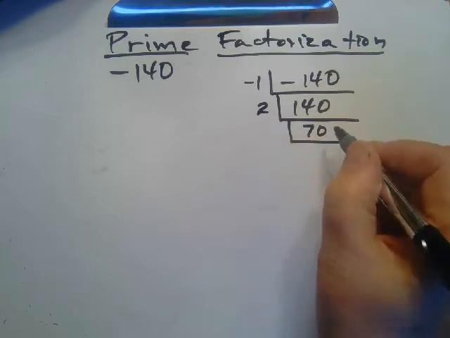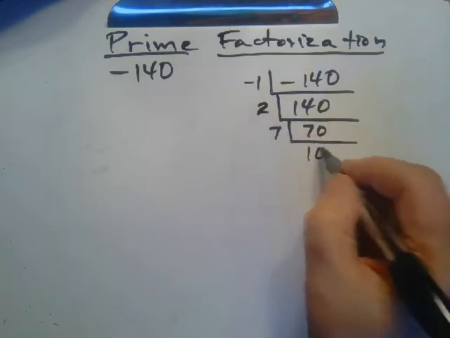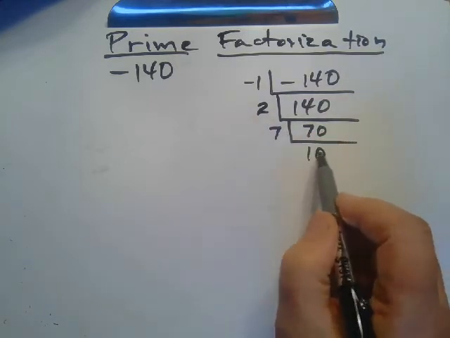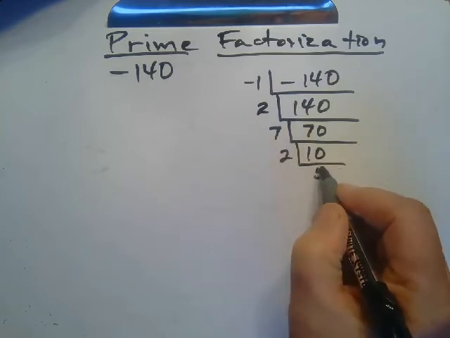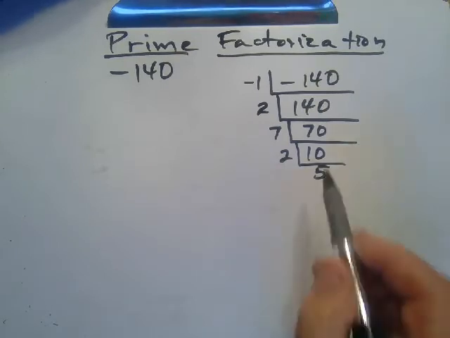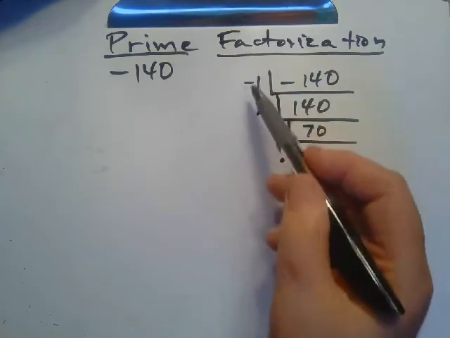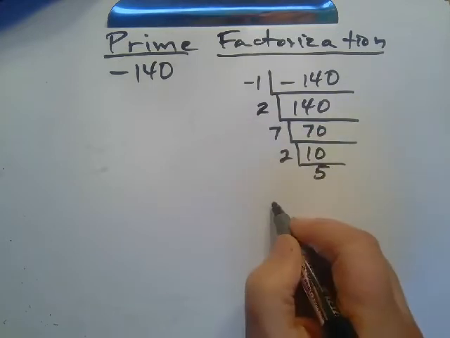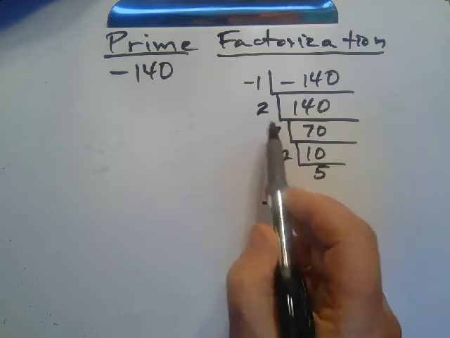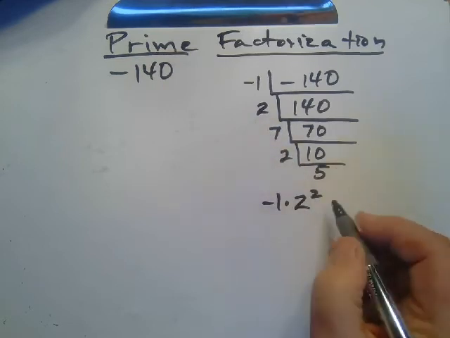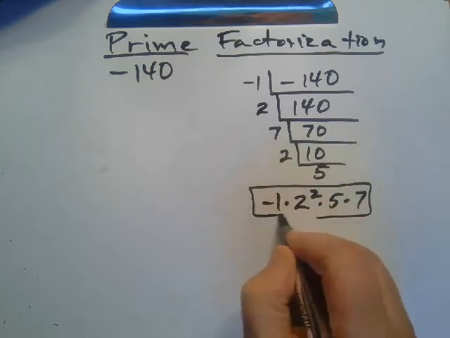Pick another prime number. 7 goes in, and that's a prime number. 7 goes in 10. 10 was not prime yet, so we're not done. 2 goes into 10 5 times. The prime factorization is found when all of these numbers on the outside are prime numbers, and these are. So we would write the prime factorization: -1 times 2 squared, since there are 2 of them, times 5 times 7.